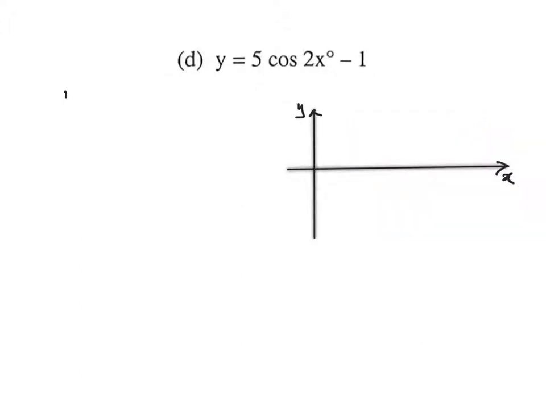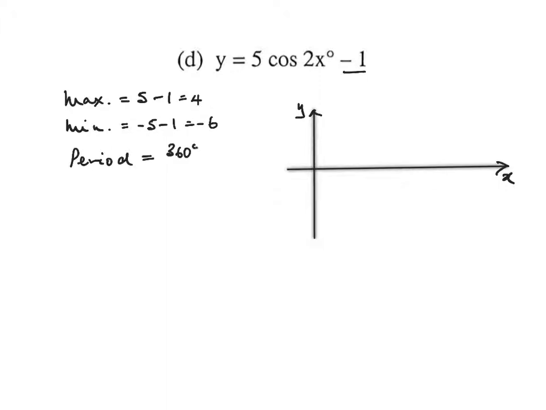Part D then, the maximum value of this function is 5, take away 1. The minimum value of the function is minus 5, take away 1, which is minus 6. And the period of the function is 360 degrees divided by 2. That's 180 degrees. So the first thing I'm going to do, I'm going to mark 4. I'm also going to mark the minus 1 here, and then minus 6.